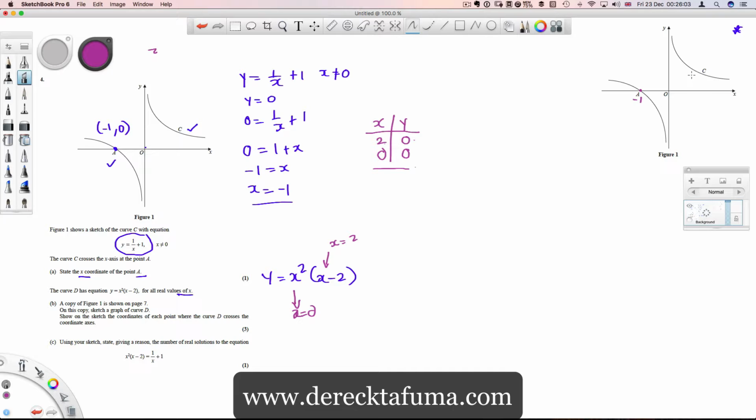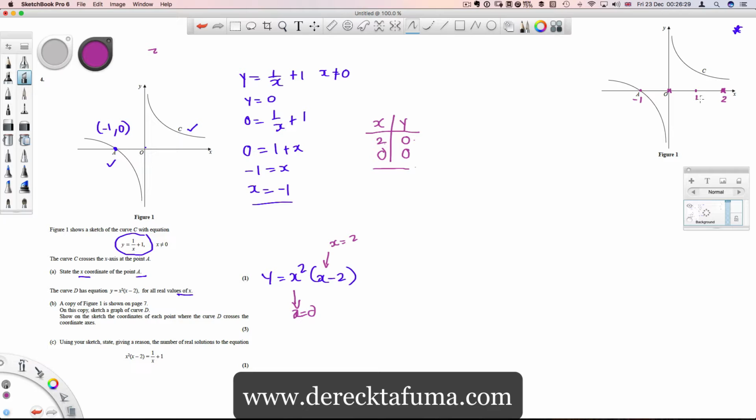If that is minus 1, then this is likely to be 1, and that's likely to be 2. So let's call that 1, let's call that 2. So at this point, when x is 2 and y is 0, it's going to cross. And also at 0, 0, it's going to cross.